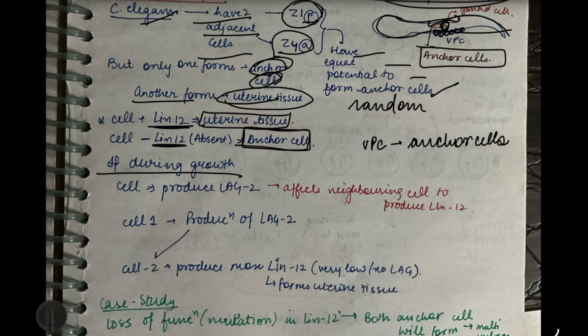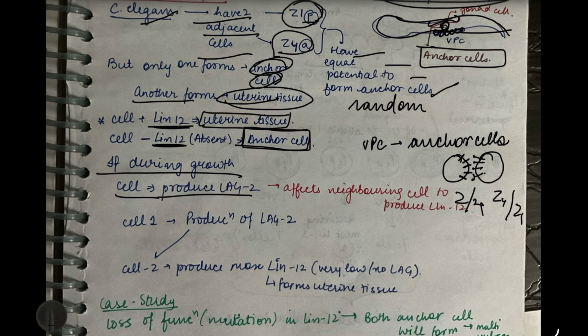Okay, if during growth cell produce lag2, basically these are two cells, Z1 and Z4. Suppose it is Z1, it can also be Z4 and it can also be Z1. Okay, so it produces lag2, right, and it has Lin12 receptors, right, Lin12 receptors.